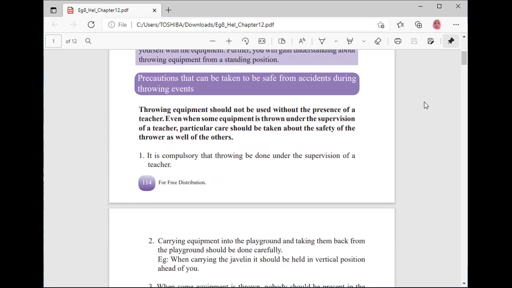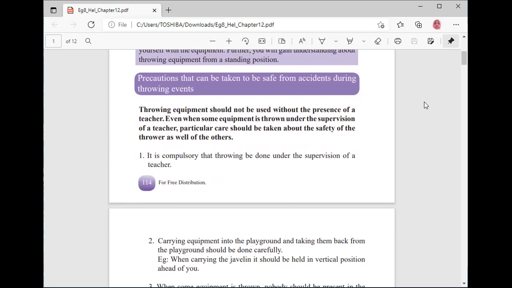When we are doing a throwing activity, we have to be very careful. We have to take precautions that will help us prevent accidents. You have to be very careful before you do a throwing event.